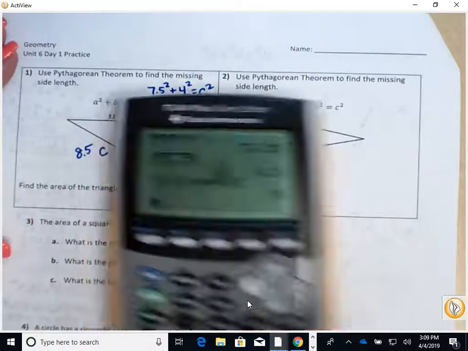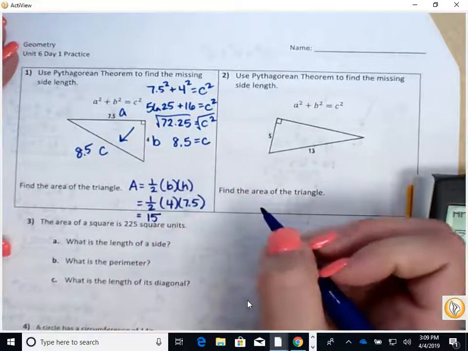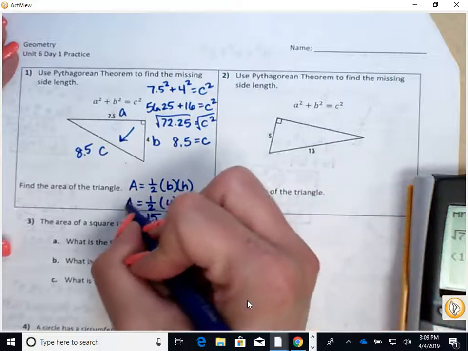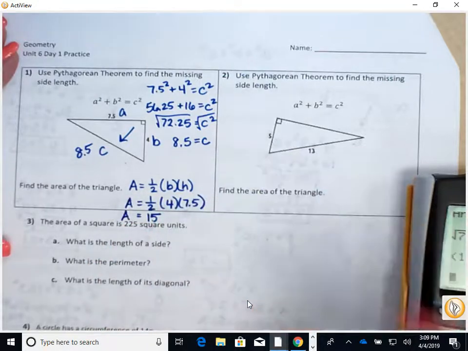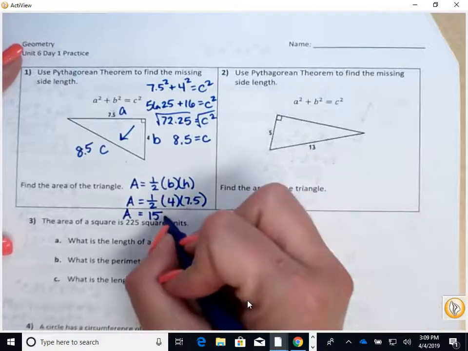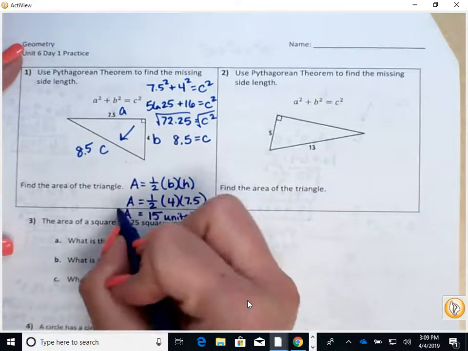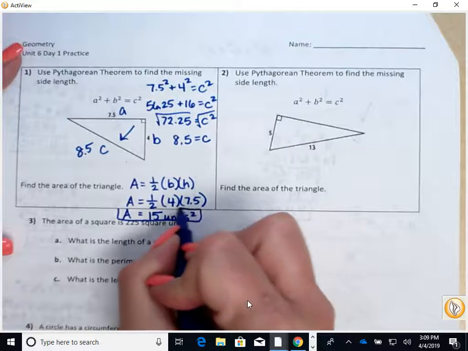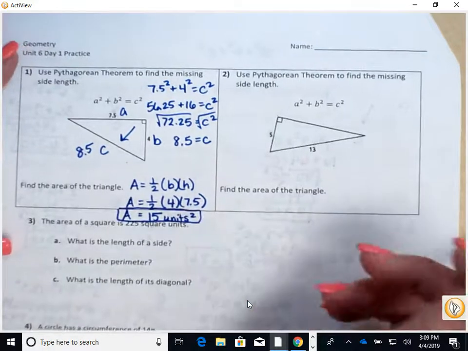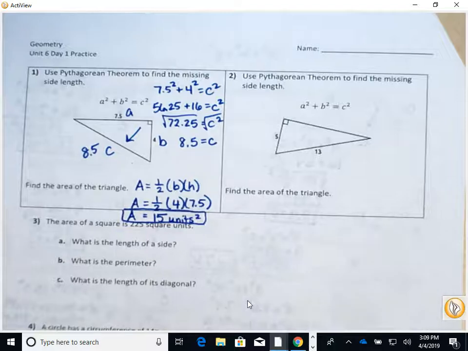And we get 15 total. So the area of the triangle is 15 units squared. Whenever you're talking about area, it's always units squared. If they had told me they were centimeters or inches, then I would have said centimeter squared or inches squared, but they didn't tell me what these units were. So we just say units squared.